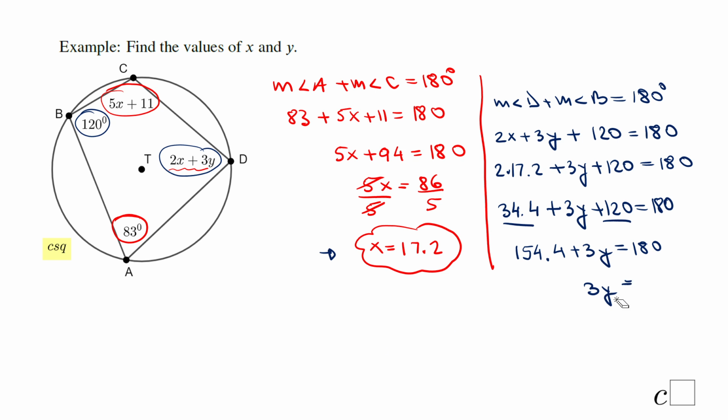So 180 minus 154.4, and that will be 25.6. And then we're going to divide by 3.